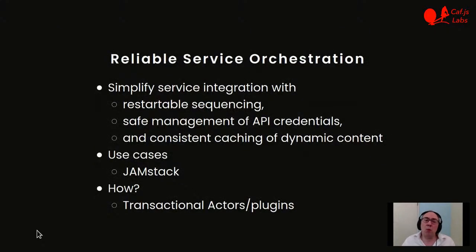Reliable service orchestration. What we want to do here is, when you have a task that involves a sequence of asynchronous steps, each of them potentially involving external APIs of other services that you want to call, ensure that if there is a failure, we can restart the sequence safely and not mess things up by calling services more than once.